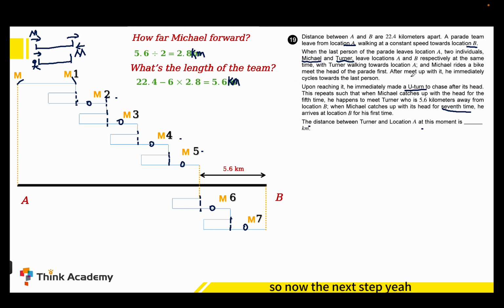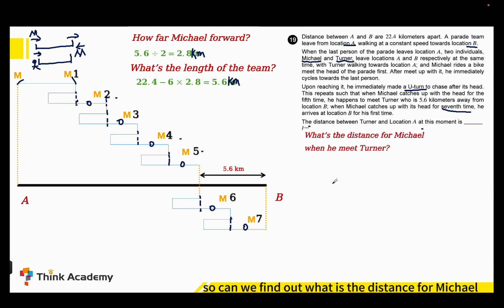Okay, so now the next step, how can we find out the distance between Turner and location A at the moment? We find out what the distance is for Michael when he meets Turner. Because Michael arrived here, can we calculate the total distance? Actually we can.